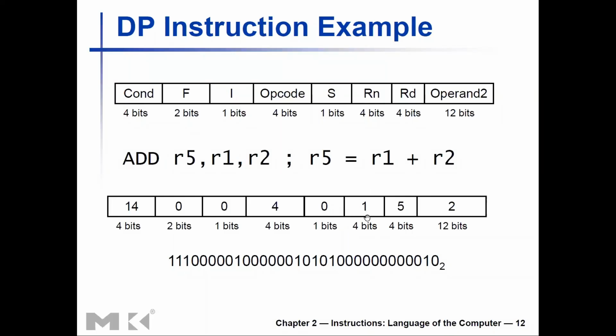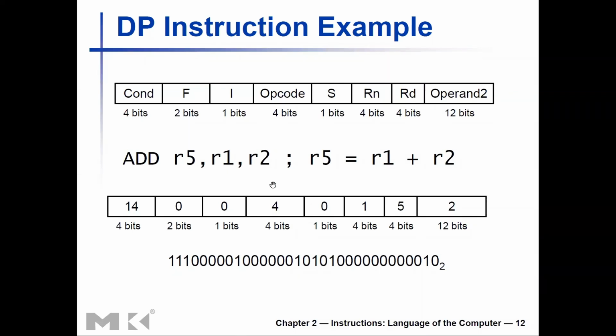So here you can see the destination register is 1. Sorry, Rn. Rn was the first source operand, so that is R1. So we are putting 1 here, and RD is the destination register, that is 5 here, so we are putting 5 in this RD field.